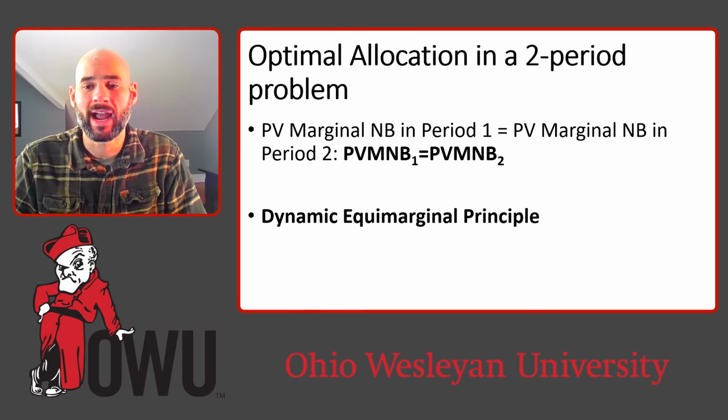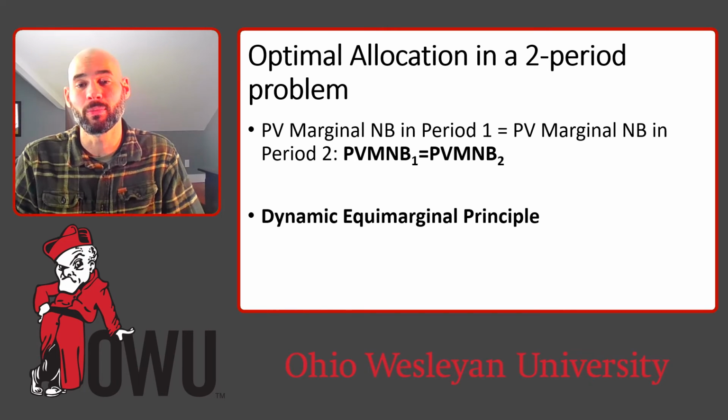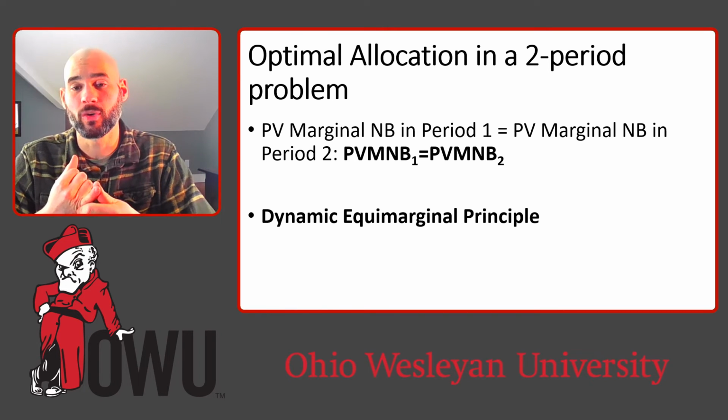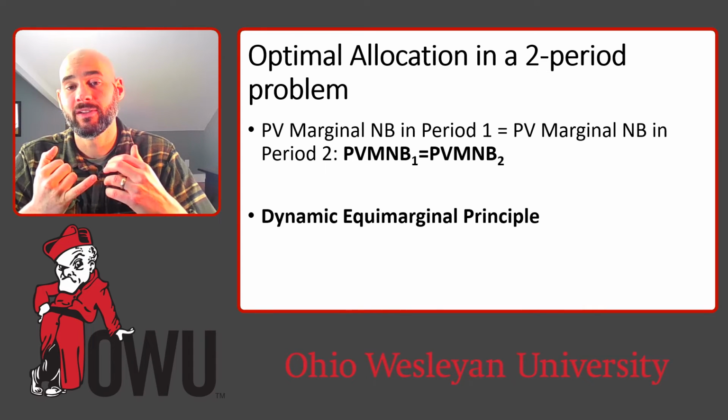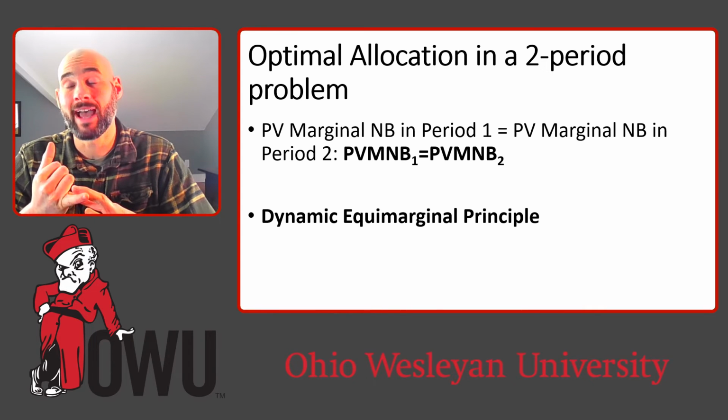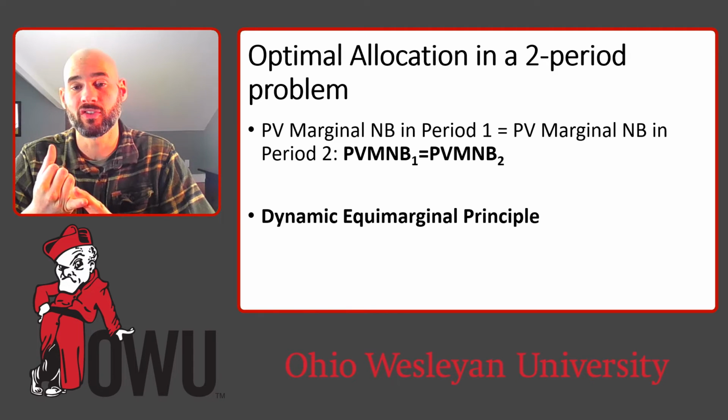And we'll give some graphical demonstrations here in a second to show why this is the case. But this is just basically another equimarginal principle. We had our first equimarginal principle that our net benefits are going to be maximized when we set marginal benefit equal to marginal cost.